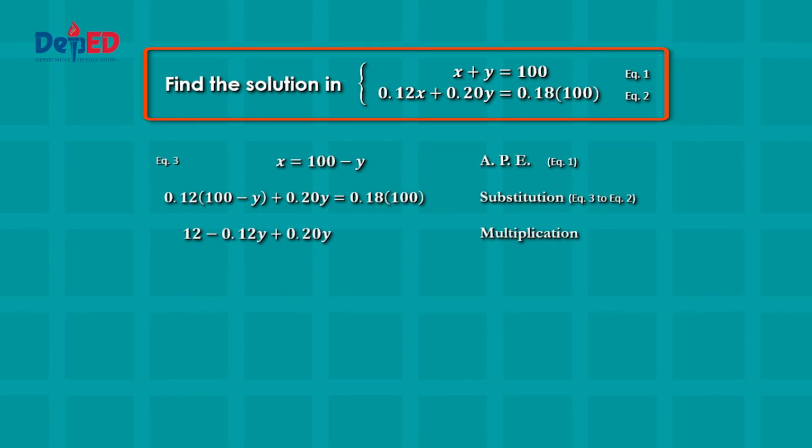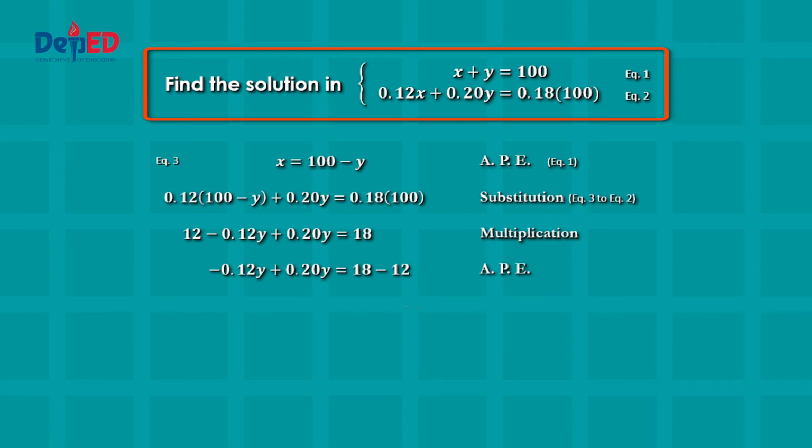That is 0.12 times 100 or 12 minus 0.12Y plus 0.20Y equals 18. Then we use the addition property and combine like terms. Negative 0.12Y plus 0.20Y equals 18 minus 12.